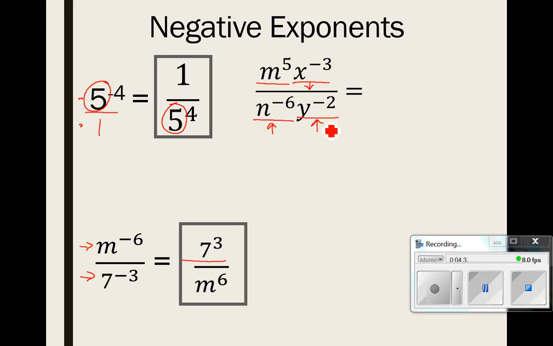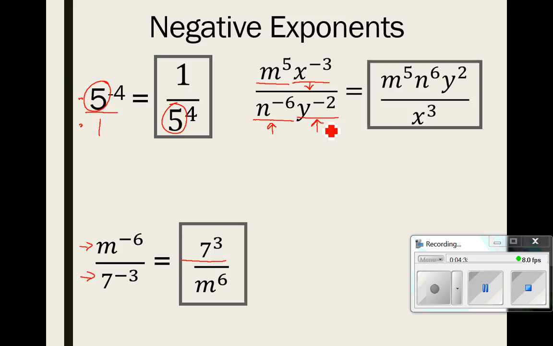When you do each step one at a time, it's a lot easier. So your final answer will be m to the 5th, n to the 6th, y to the 2nd over x to the 3rd.